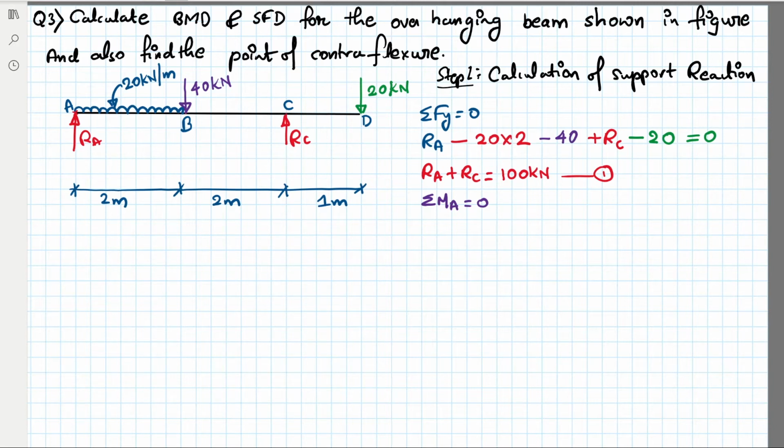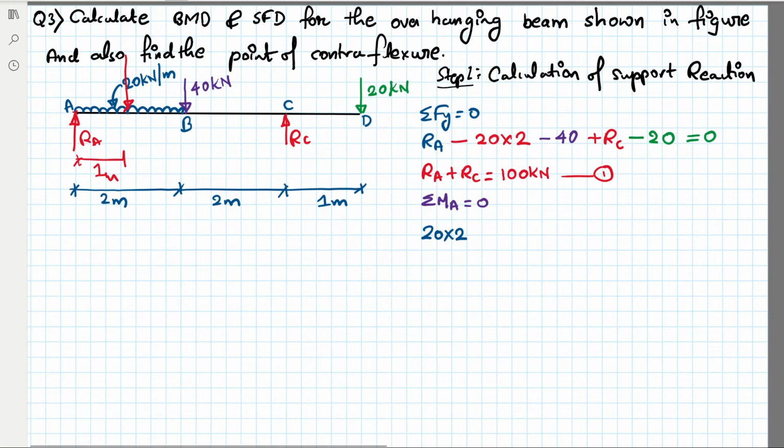In this case, I am going to consider point A. RA is acting exactly at that point, so it is not going to rotate point A. Then we have the 20 kilonewton per meter UDL. First I will convert it into a point load, 20 into 2, which acts at the center of that UDL, at a distance of 1 meter from RA.